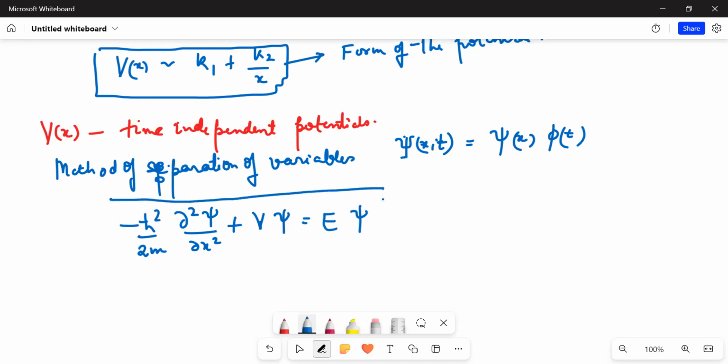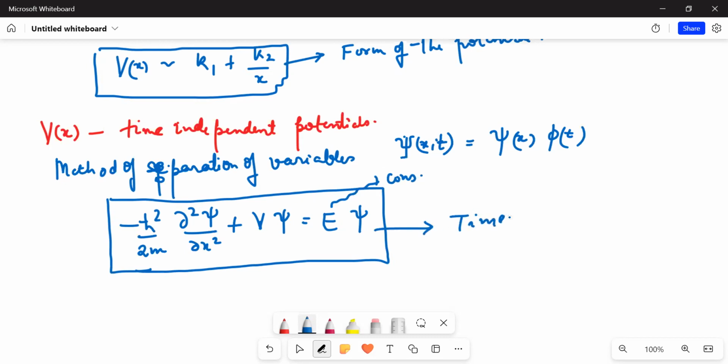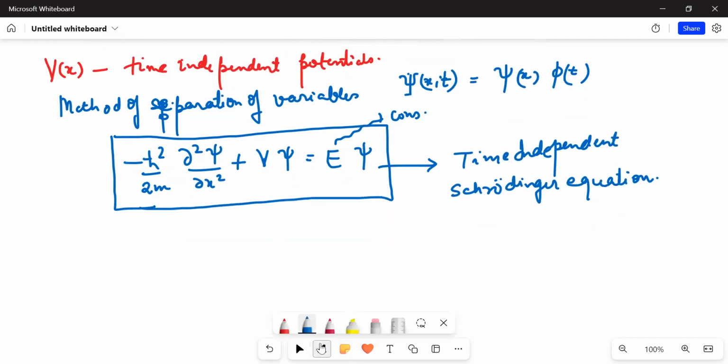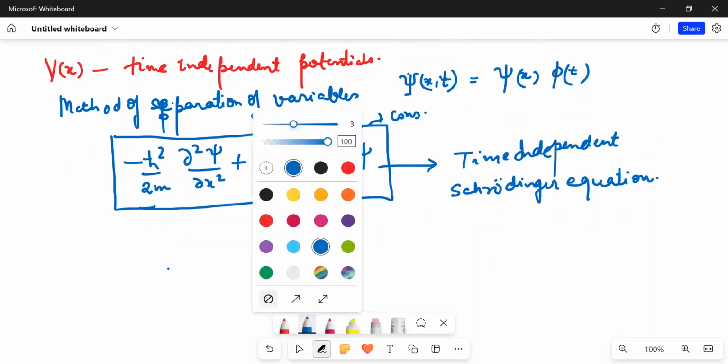This equation is called the time independent Schrodinger equation. Please note that this E is a constant here.